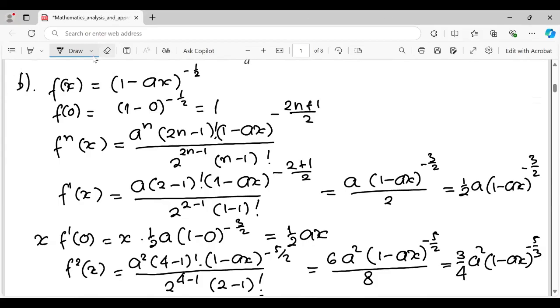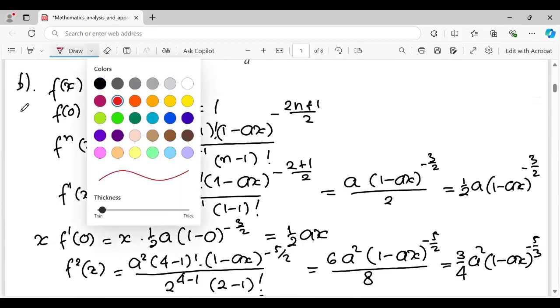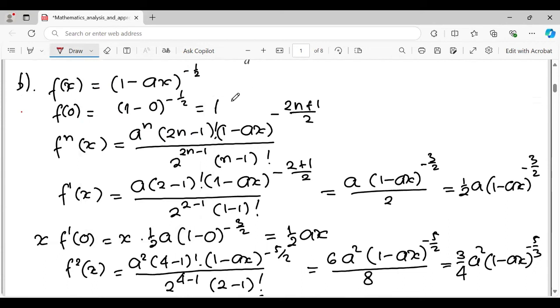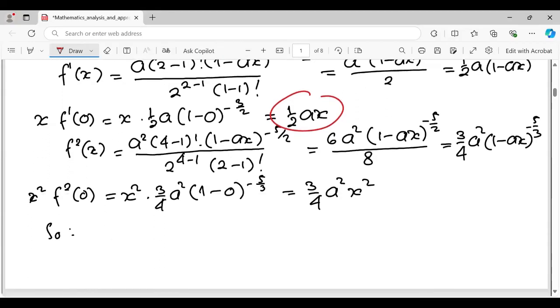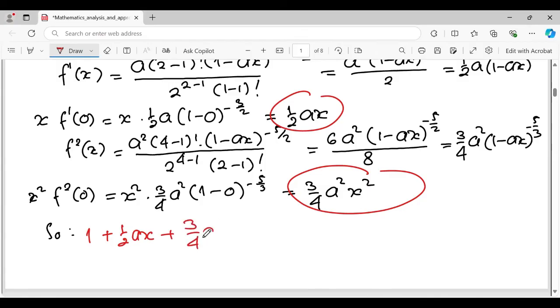I'm going to use a different color. So the expansion becomes 1 plus half ax plus 3 over 4 a squared x squared, not 3 over 8, but 3 over 4, plus so on.